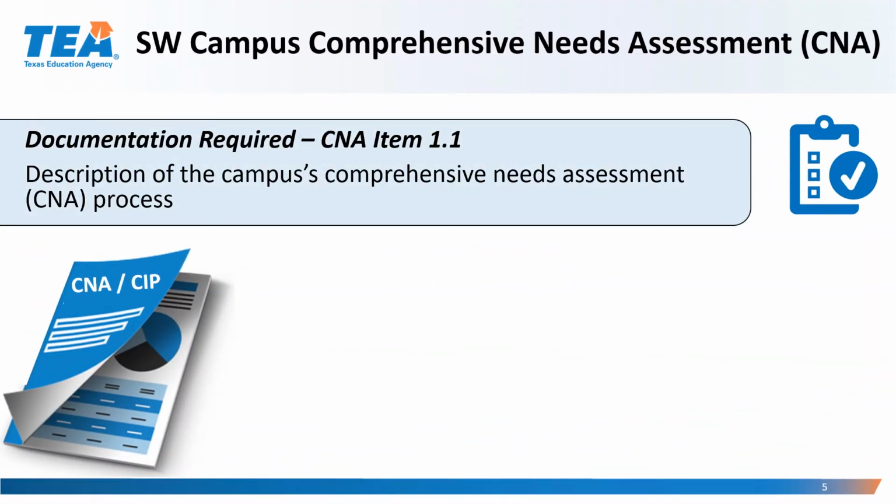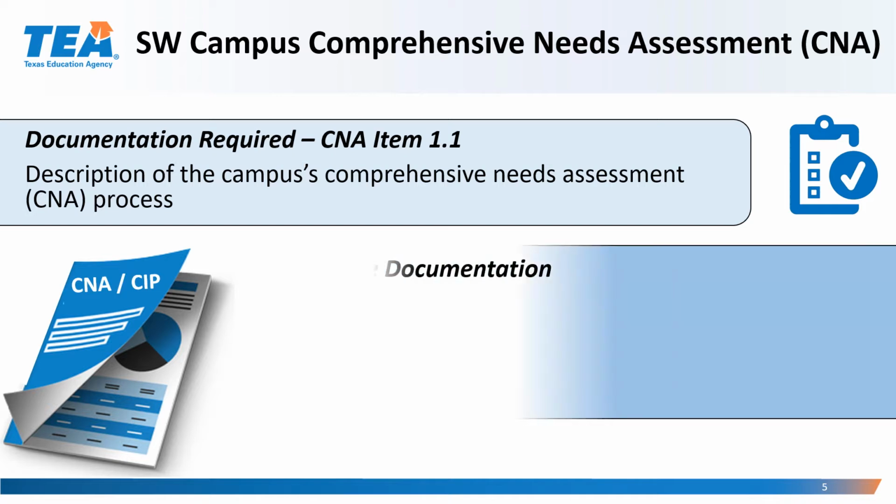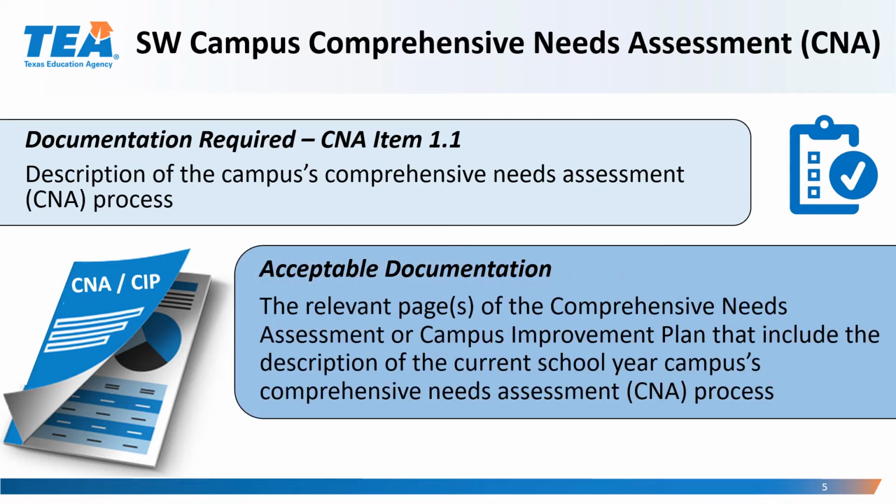The documentation required for Item 1.1 is a description of the campus's comprehensive needs assessment process. The LEA will need to submit the relevant page or pages of the comprehensive needs assessment or campus improvement plan that includes the description of the current school year's campus's comprehensive needs assessment process.